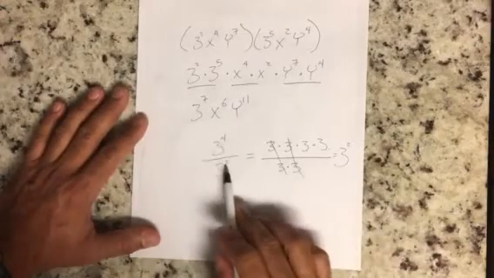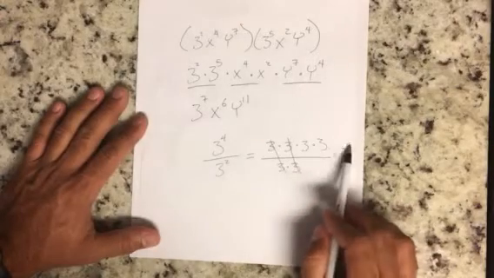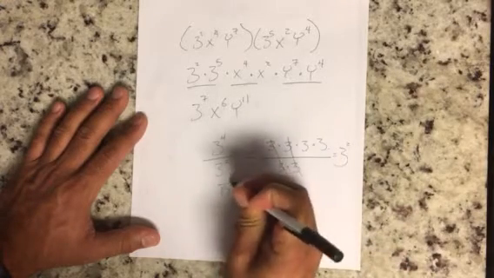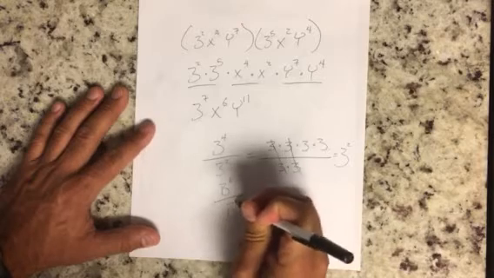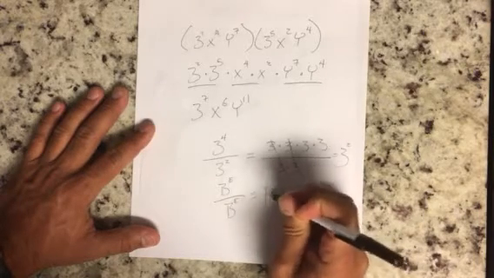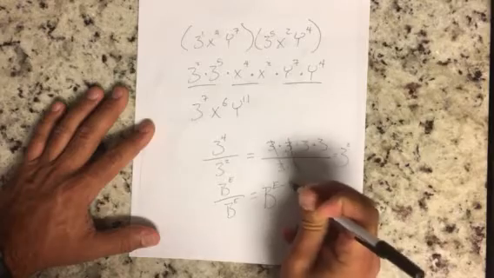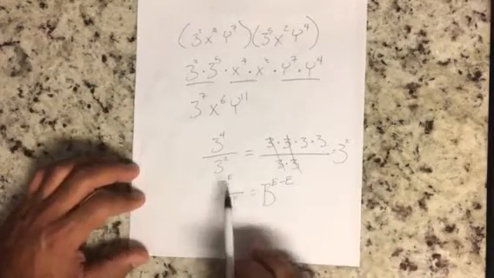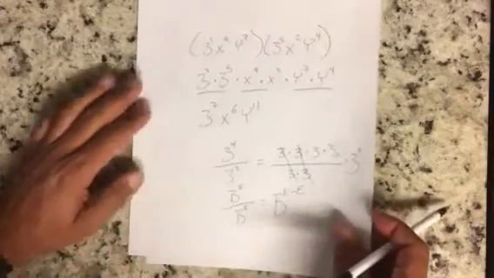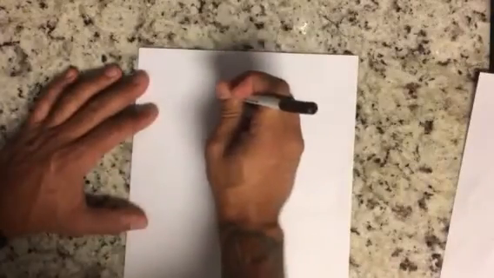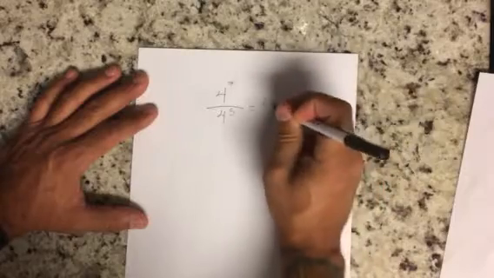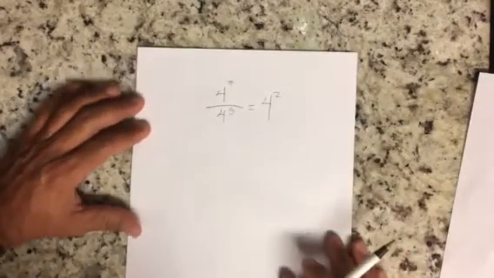I noticed this is 4 and this is 2, and it became 2. So I'm going to do the exponent minus the exponent. When I have the same base and exponents with division, I subtract the exponents. If I have something like this, it becomes 7 minus 5 is 2. So that's how we're doing these.